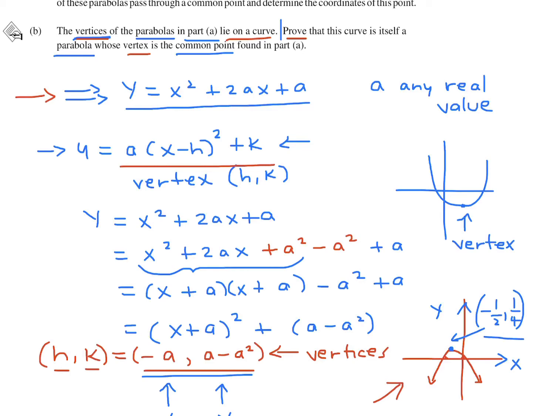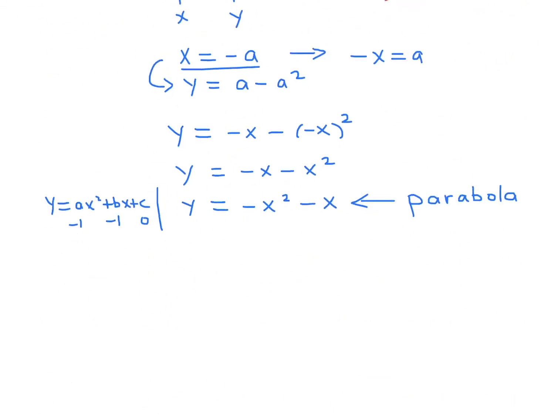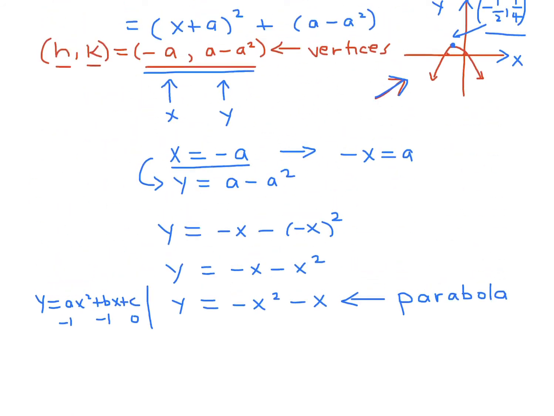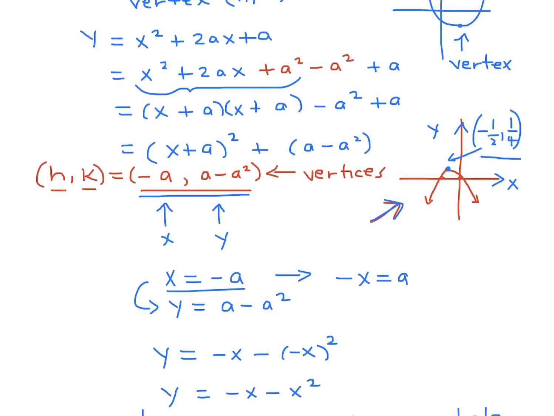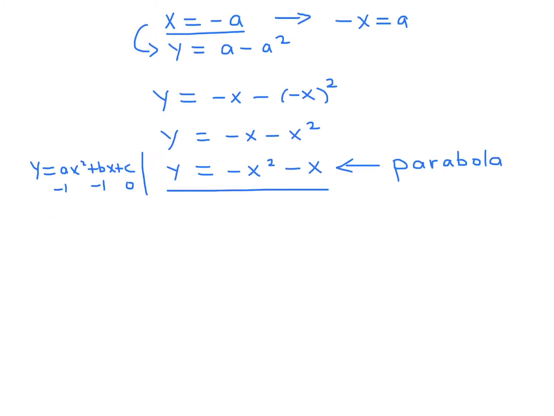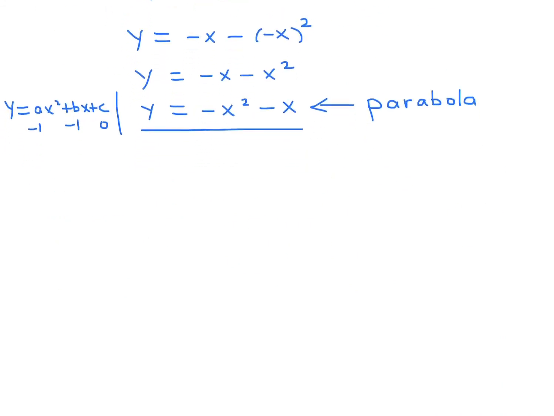So we have to now prove that this parabola has this vertex, -1/2 and 1/4. All right, so how do we do that? Well, to prove that, we've got to get this equation into this form right here. And if we can get it into that form, we can find the vertex. All right? So what I'm going to do is put that form over here on the side so you can see what I am trying to attempt.